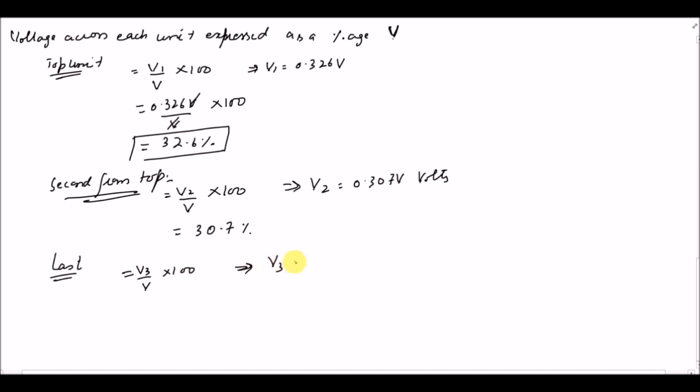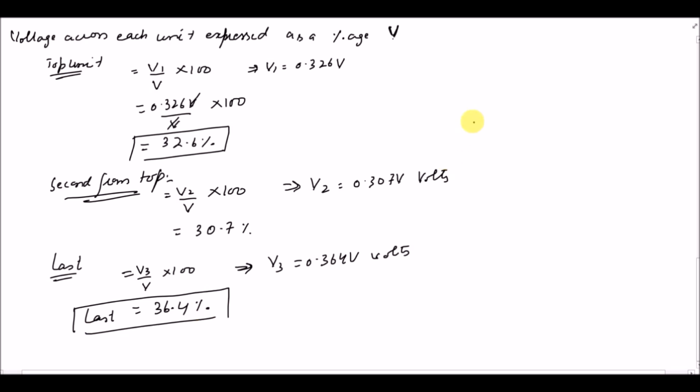V3 is equal to 0.364 V volts, and the percentage will be 36.4%. So this is for the last insulator. So now what we have done, we have found out the values of the voltages V1, V2 and V3 as a percentage of voltage V.